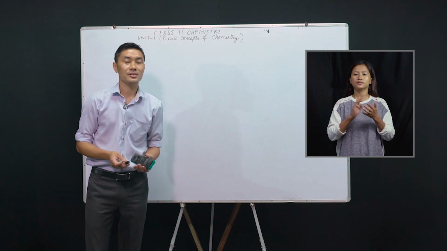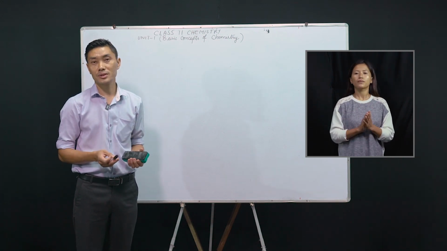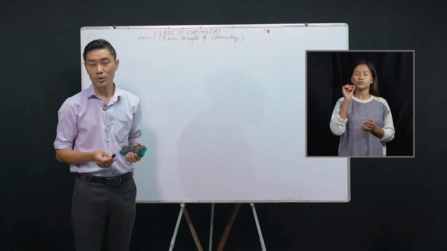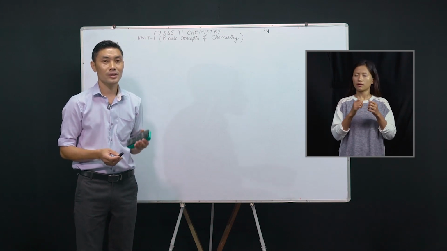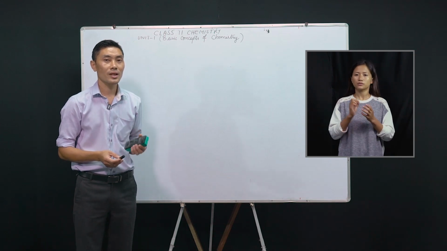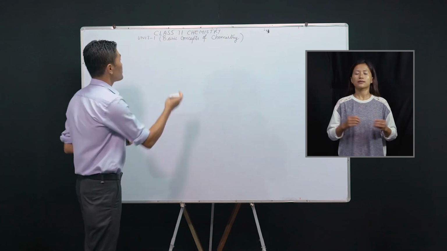In our last class, we learned that one mole of any substance contains 6.022 × 10^23 atoms, ions or molecules. Now this number, 6.022 × 10^23, is called Avogadro's number or Avogadro's constant.